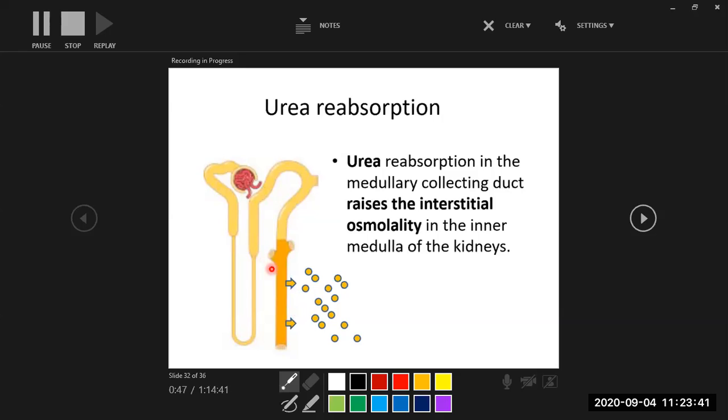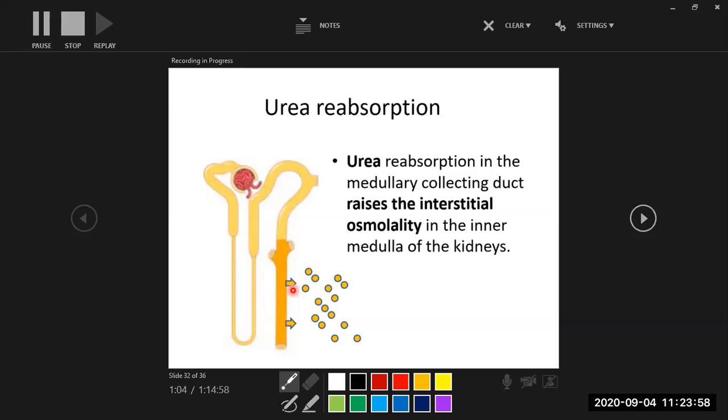Urea here in the collecting tubule, collecting ducts, we reabsorb it. You may ask, urea, isn't it a metabolic waste product? Yes, it is. It's called recycling, right?